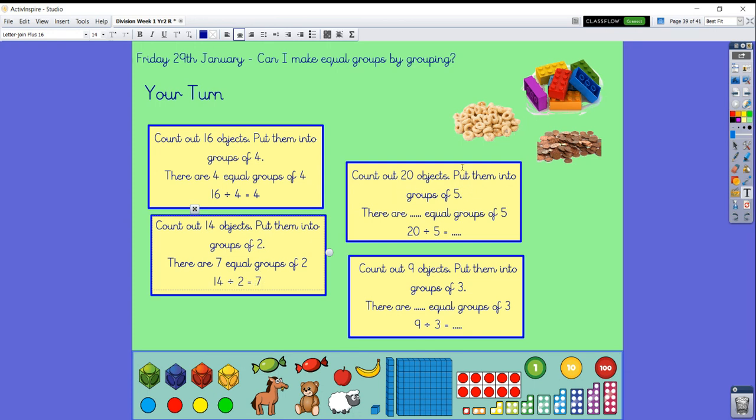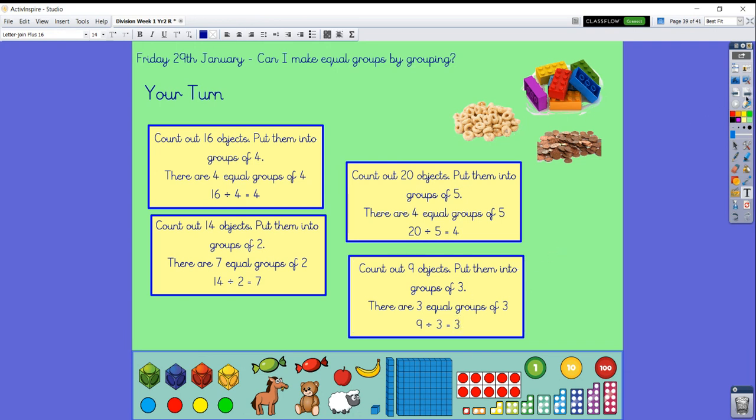We then counted out 20 objects and I wanted you to grab them into groups of 5. So there are 4 equal groups of 5. So 20 into groups of 5 gave us 4. And now I wanted you to count out 9 objects and grab 3 at a time. So there are 3 equal groups of 3. So 9 grouped into 3s gave us 3.